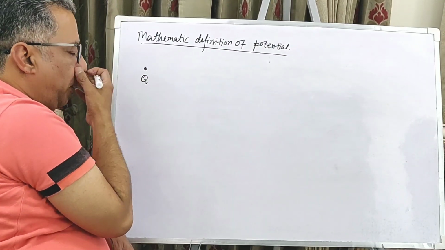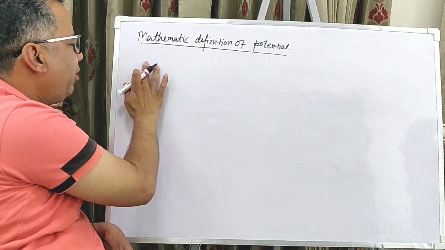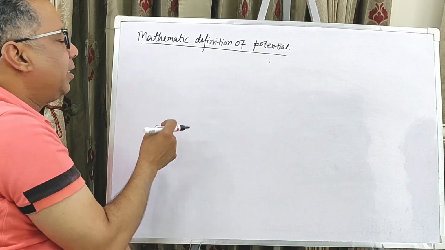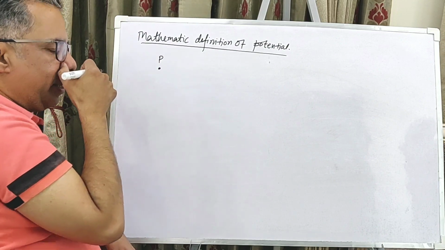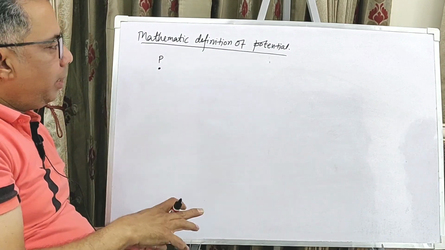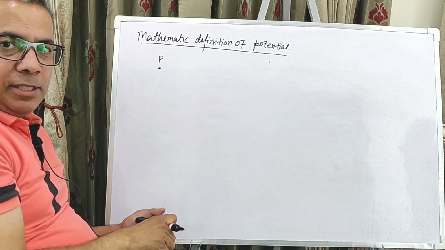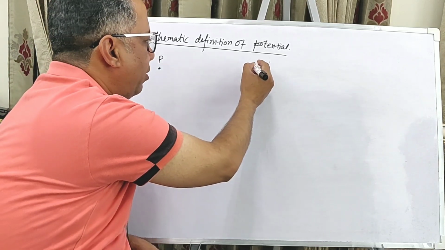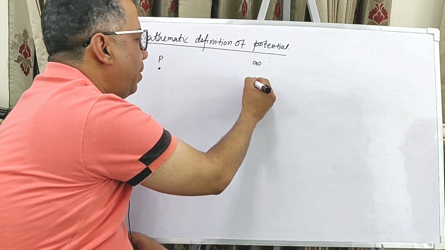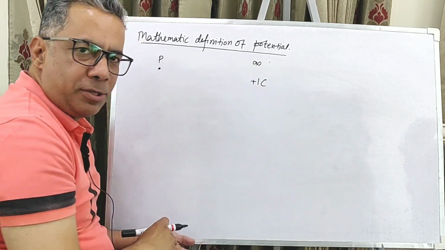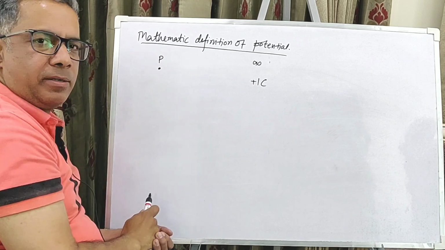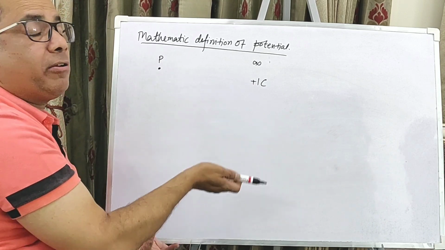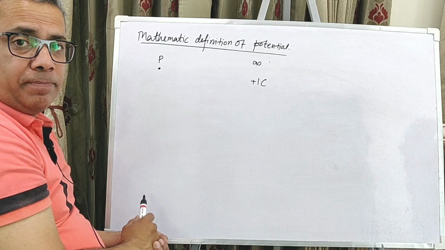And this is a charge, we need not even have a charge. We're looking at this point and we are interested in calculating the potential here. Now to calculate this potential at this point, we'll go to infinity, pick up a plus 1 coulomb charge and bring it all the way from here to this point and calculate the change in potential energy.